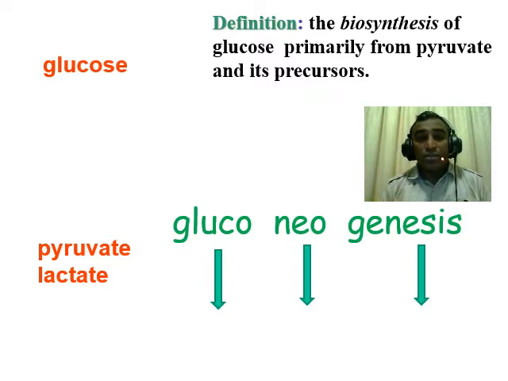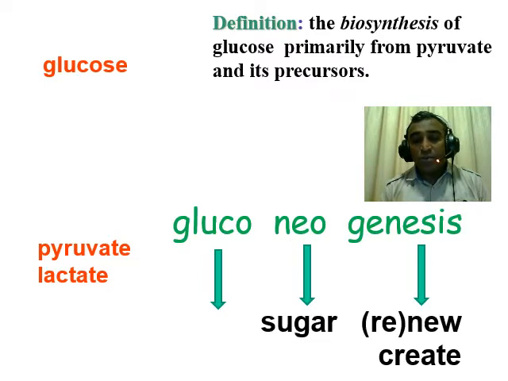It is to make glucose from pyruvate as well as the other precursors mentioned in the previous slide. In terms of the word itself, gluconeogenesis, neo means new, glu is sugar, and genesis means create. So it is to create new sugar in general terminology.